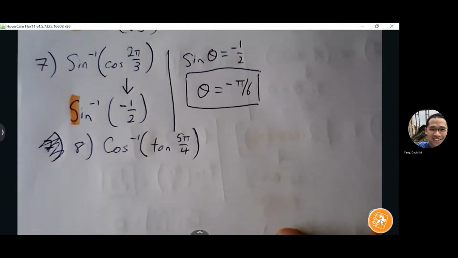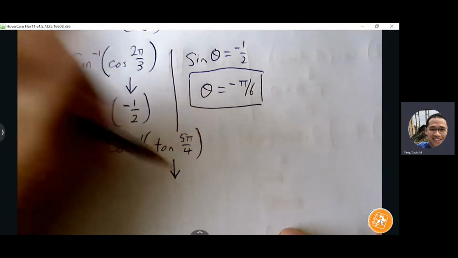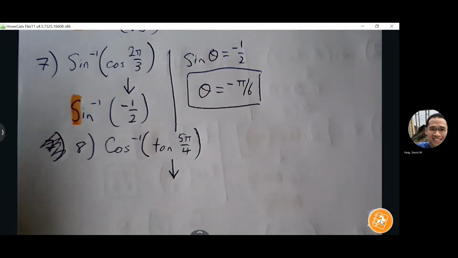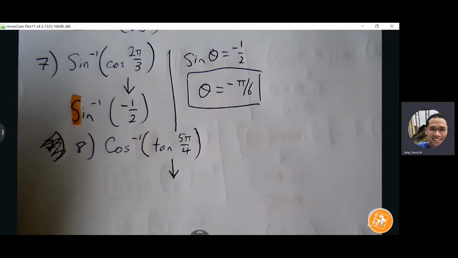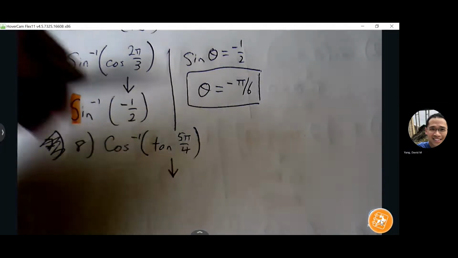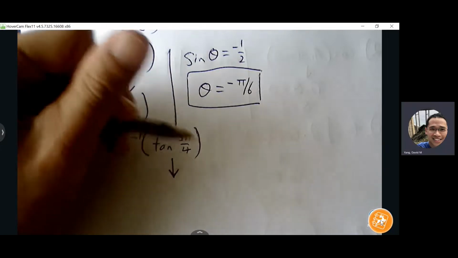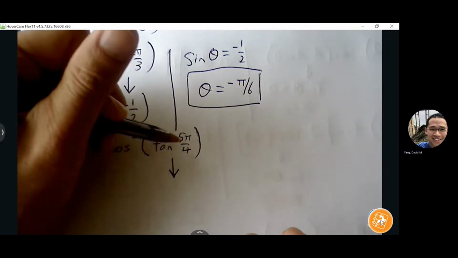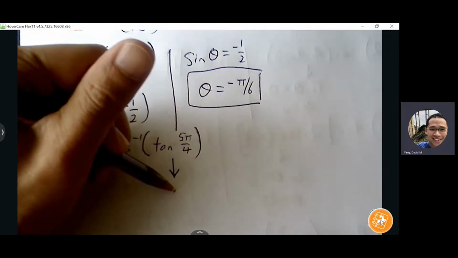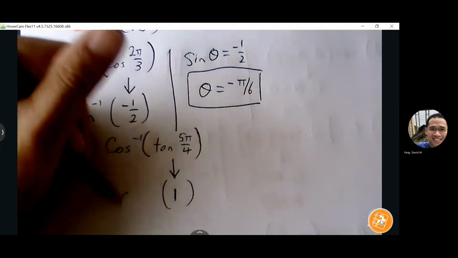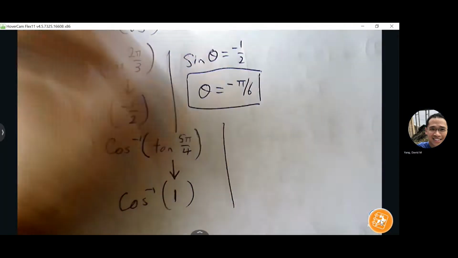Okay. Straightforward here, tangent of 5 pi over 4. That's just equal to positive 1, right? Okay.